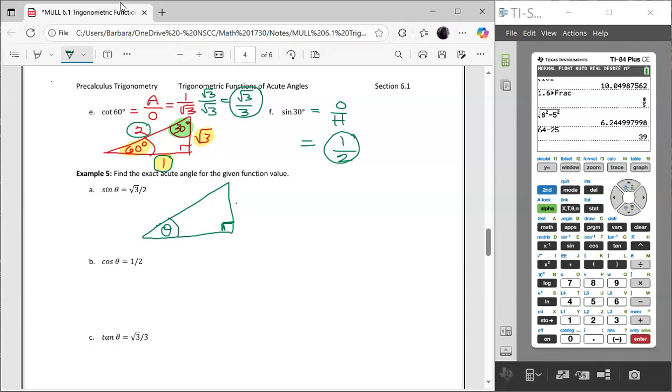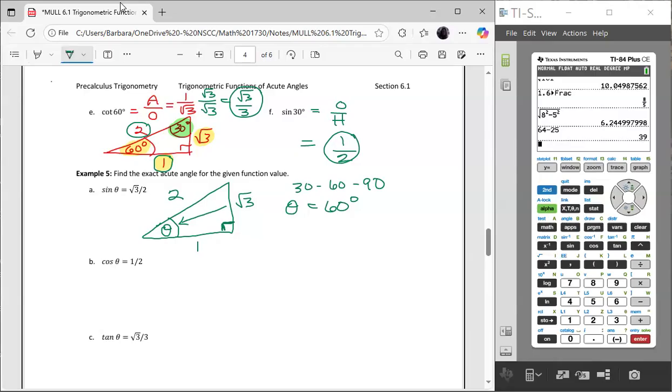So the opposite side is the square root of 3. Hypotenuse is 2. So this is a 1, square root of 3, 2 triangle, which is a 30, 60, 90. We know that. Now, the angle then is across from the larger leg. So that means the angle is 60 degrees.